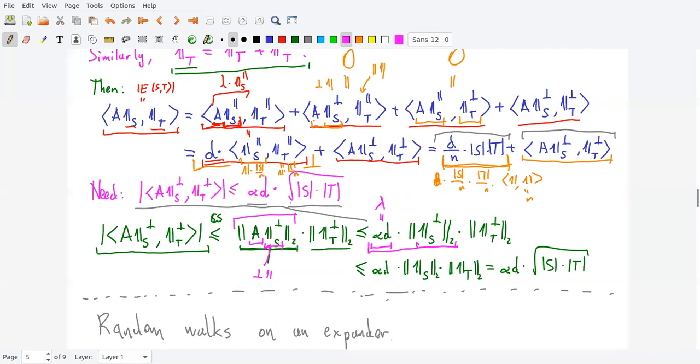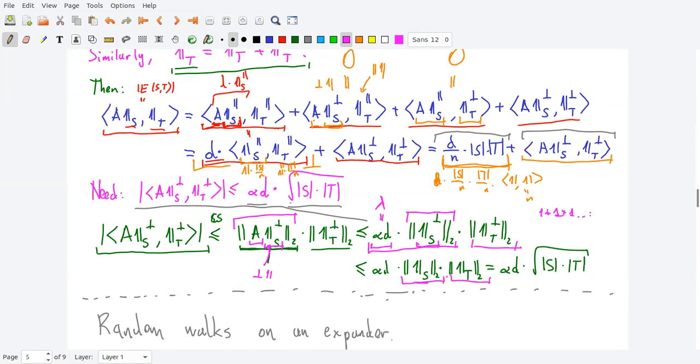Now this was one of the components of an orthogonal decomposition of the vector 1S. So definitely this L2 norm will not be larger than the L2 norm of the whole vector 1S, and similarly for this one. And now, what is the L2 norm of the vector of all ones on S? Essentially, you add up S ones.